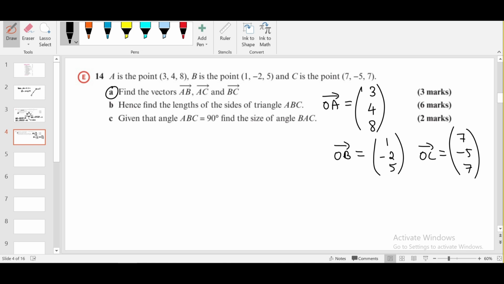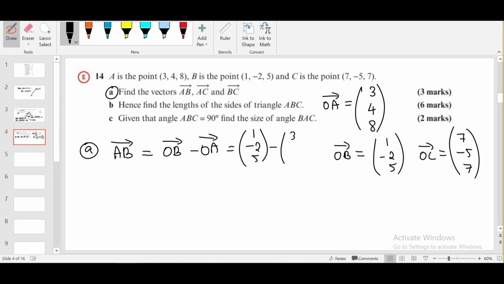Part A, find the vectors AB, AC and BC. Can you tell me what's the rule for AB vector? For AB it would be OB minus OA. Very good. OB minus OA, OB is this minus OA. Subtract them, you will get negative 2, negative 6 and negative 3.